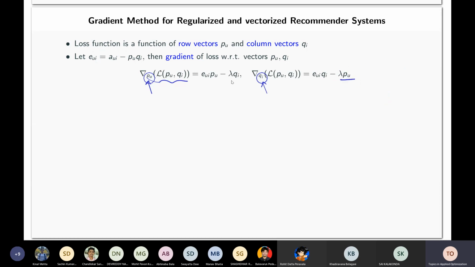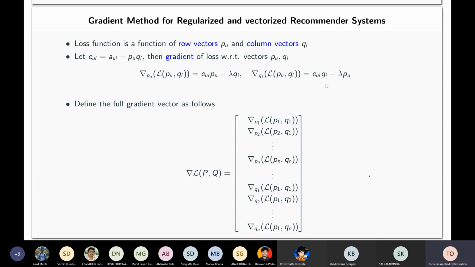So it is possible to compute the gradients with respect to P_i and Q_i, and then you can stack them together. These are now vectors, but you can stack them as a whole, and this is one big vector.